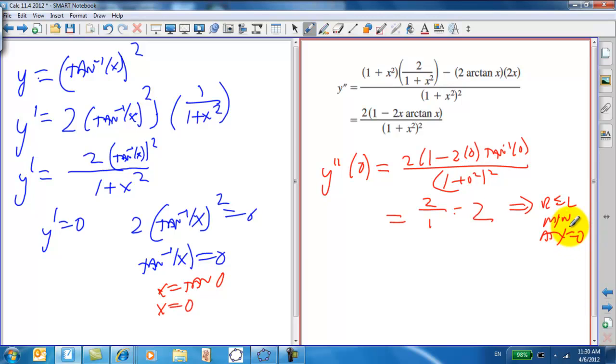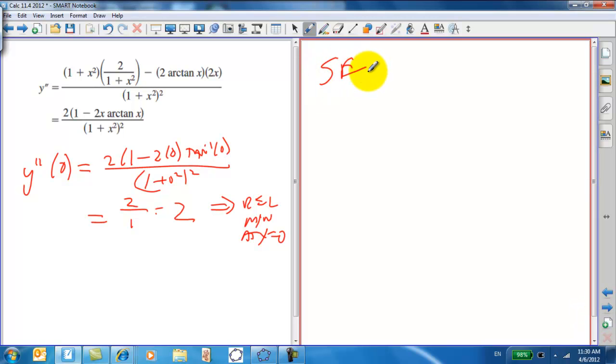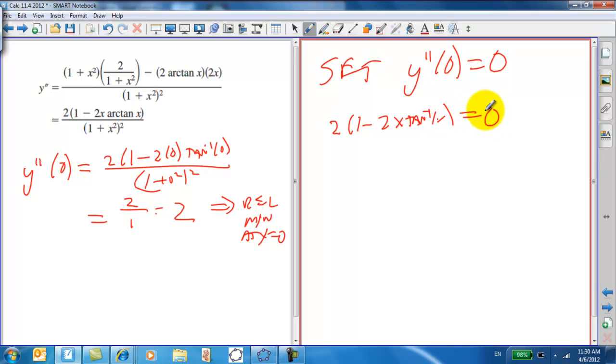Now what about those inflection points? Let's set the second derivative equal to 0. And we end up with 2 times 1 minus 2x arctan x equal to 0. This one's going to be maybe too hard for us to solve, because 2 can't equal 0. 1 minus 2x inverse tan of x equals 0, and we get 1 equals 2x inverse tan of x.